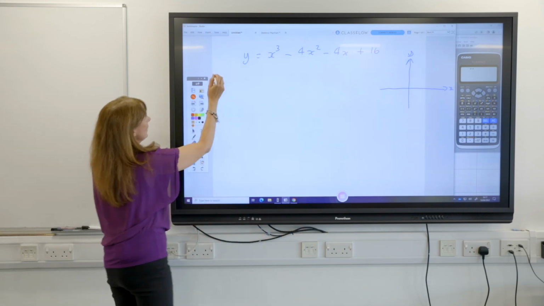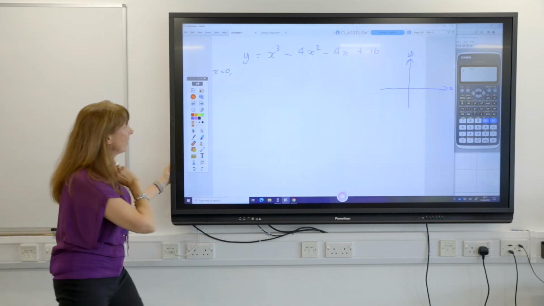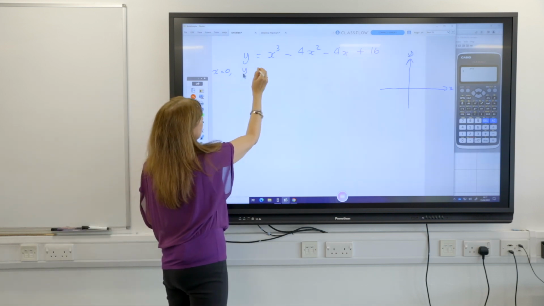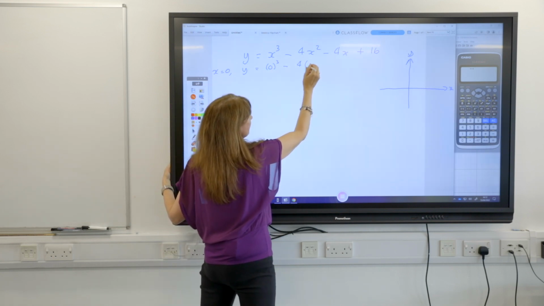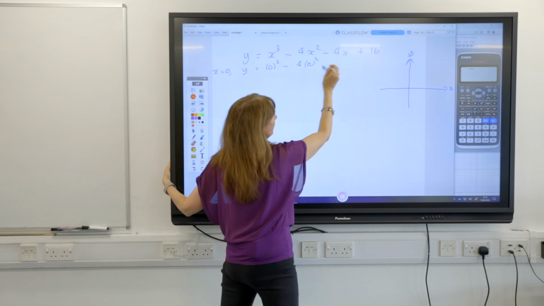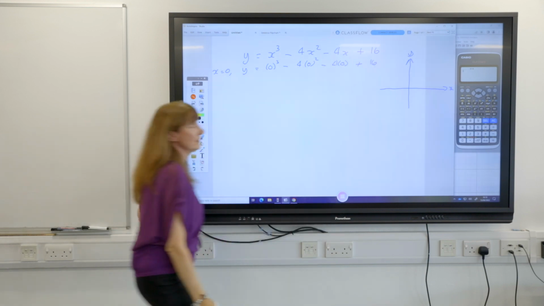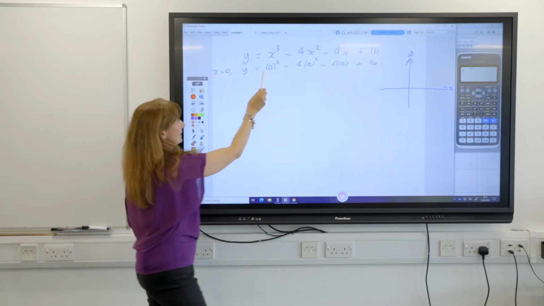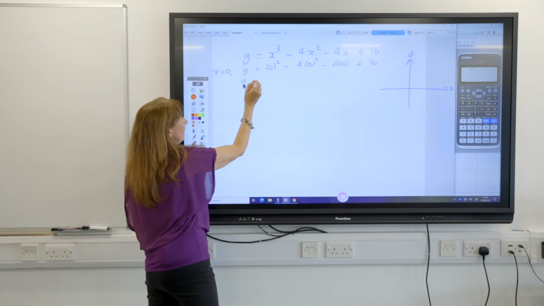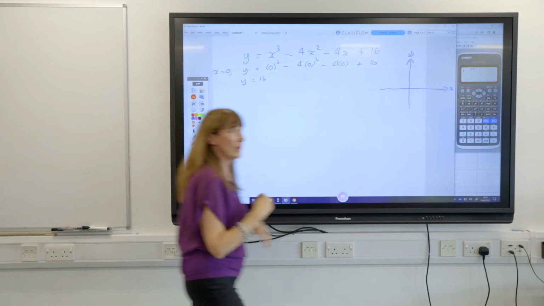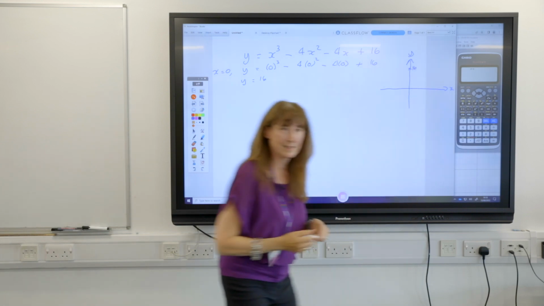So when x equals 0, substituting 0 into our equation, y equals 0 cubed minus 4 times 0 squared minus 4 times 0 plus 16. And we should be able to see 0 minus 0 minus 0 plus 16. So y equals 16. So I know that my graph is going to cross the y-axis at 16.